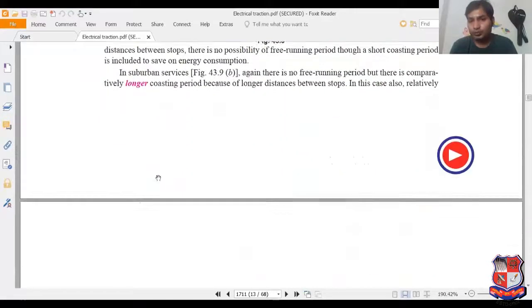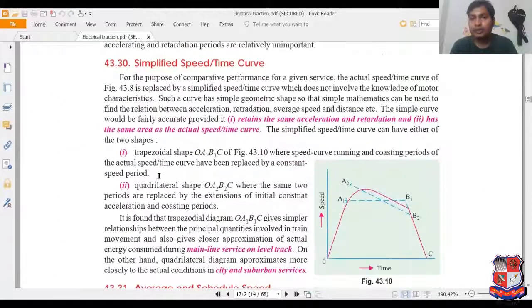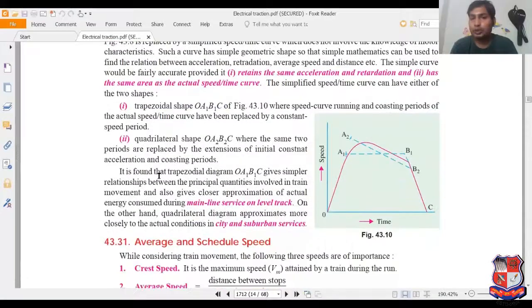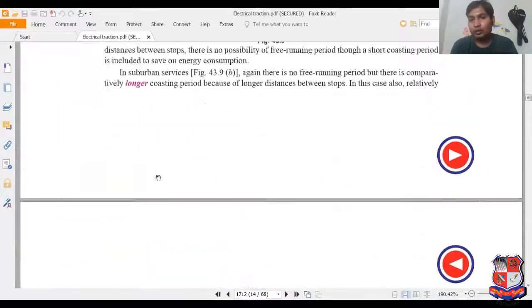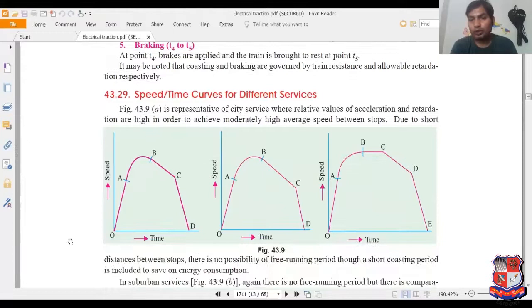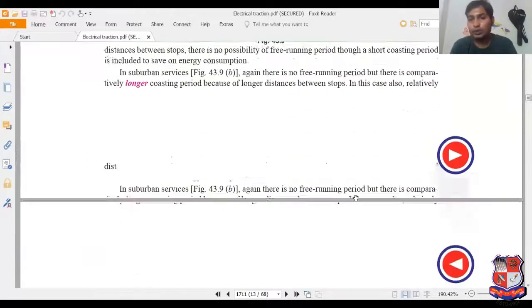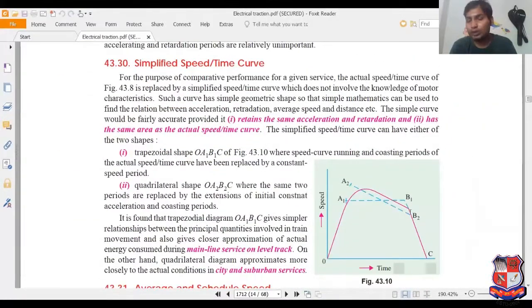Here are simplified speed-time curves. If you focus on this speed-time curve, it can be better simplified with the help of a trapezoid, which is shown over here.